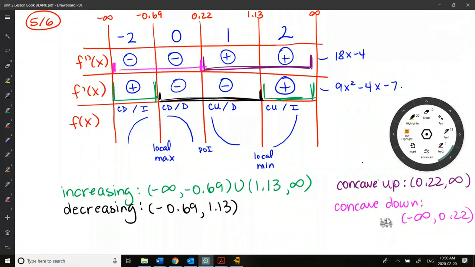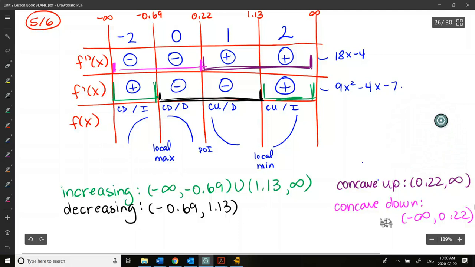Okay, again, I don't need to exclude the critical number from that. That's not where the second derivative equals 0. So we can include a critical number there. Why do you need to do it for the first one? Pardon? Like, why do you include both for the first? Oh, no, right. Okay, so 0.22 is this critical number, so it's allowed to be included in intervals. 0.22 is a point of inflection.